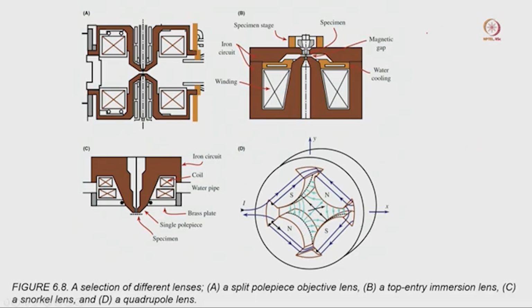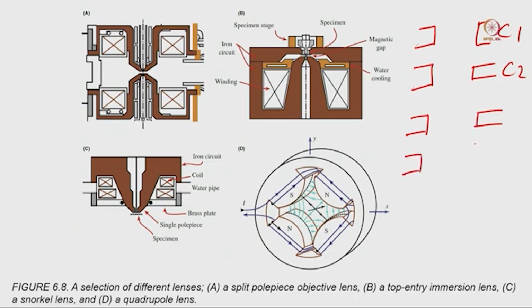Most of the time I did it like that. So this one is a C1, then this one is a C2 lens system. Then when I came to the objective lens, I connected them like that.